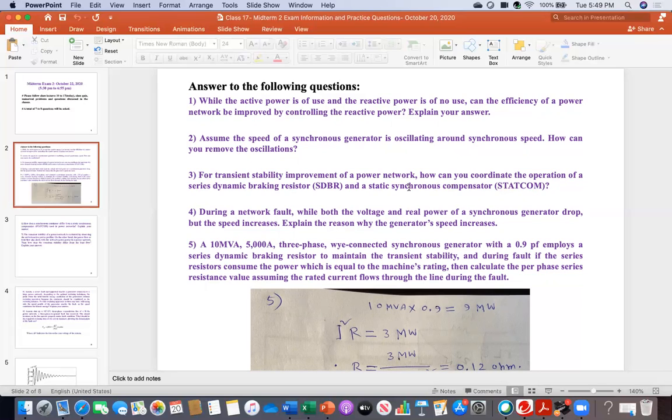Now the question is about transient stability improvement: the fault happened and you want to coordinate, meaning you want to put in both devices, but not simultaneously. You can argue, what is wrong if I put both in simultaneously: the fault happened, I connected the series device, and I also inserted the STATCOM with the controller. You can do that, but can you guess what the problem is?